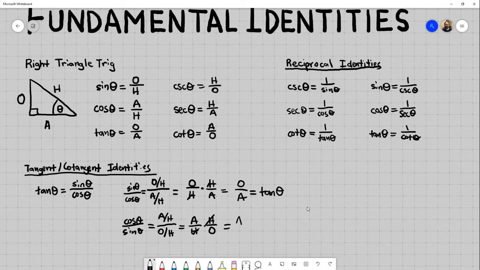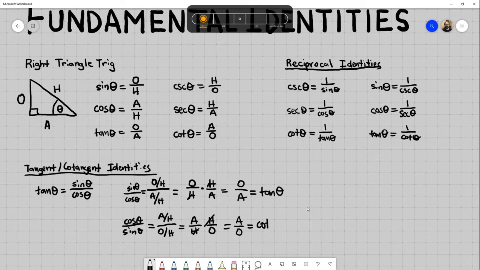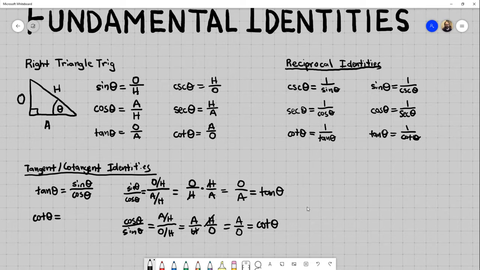We're left with A over O, adjacent over opposite, which is exactly our cotangent of theta. So the two identities that fall under the banner of tangent-cotangent identities: tangent of theta is sine of theta over cosine of theta, and cotangent of theta is cosine over sine.